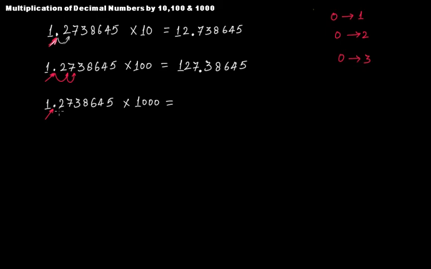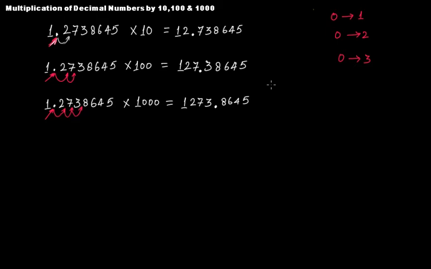We will jump or move this decimal point 3 times towards the right. So this is the first time, this is second time, and this is third time. So after the third digit it will come here. So 1273, that is 1273 point, right? Then 8, 6, 4 and 5, right?